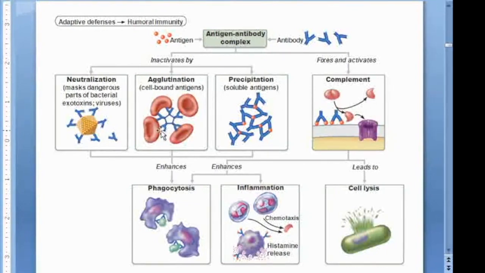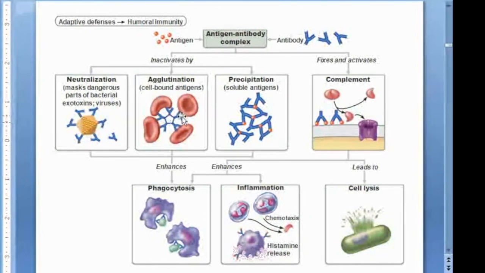Agglutination. Look here. Which antibody is this? IgM. And notice if it binds a bunch of those, they kind of clump together. And it can create little cross bridges, too, between others. That's agglutination, or clumping together.